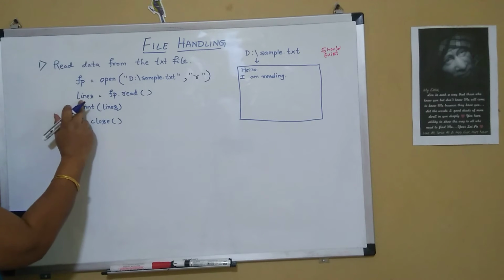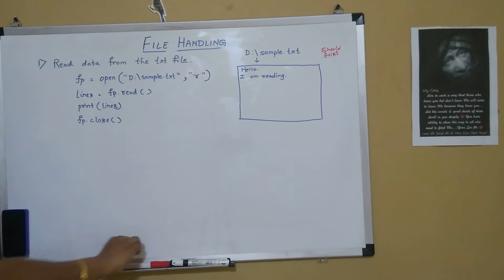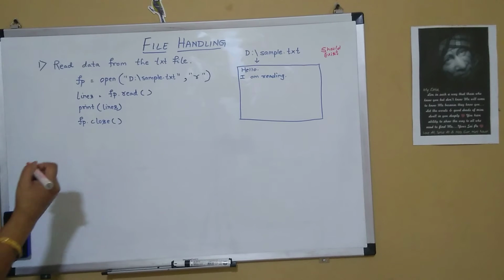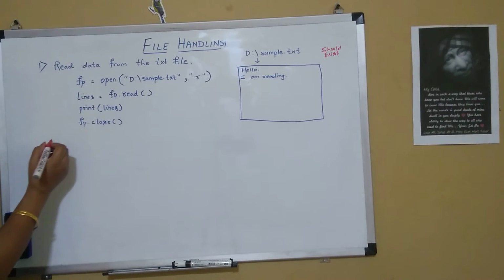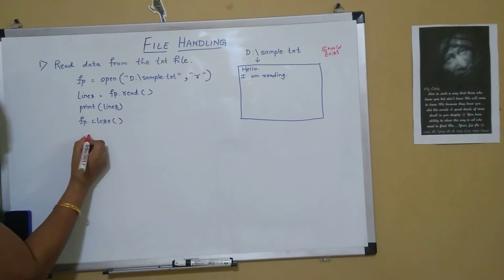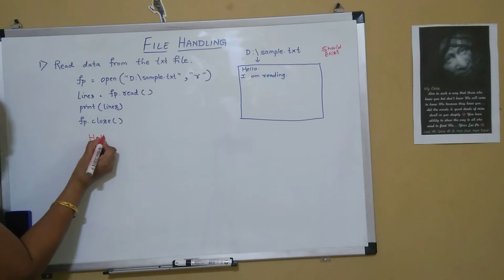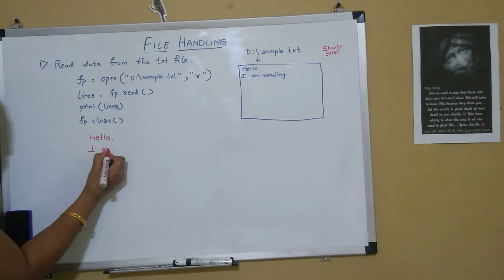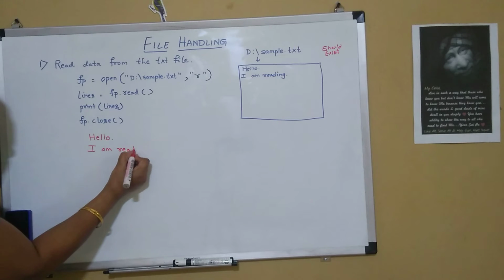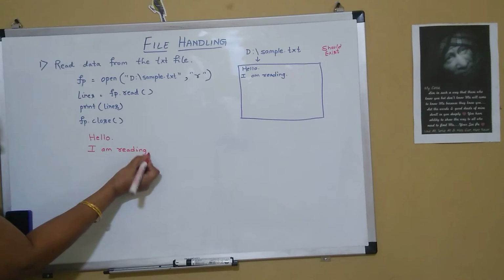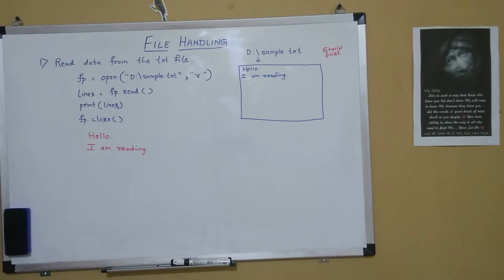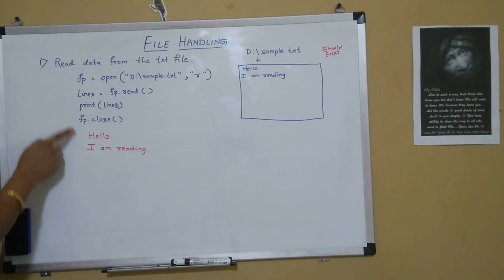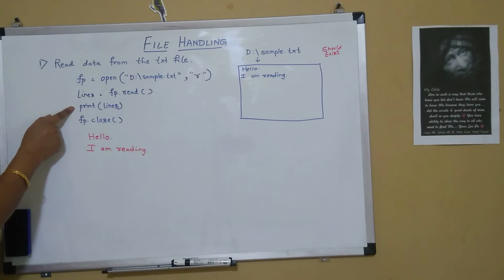And now print lines. So what will the lines variable have now? When I say print lines, it will print "hello, I am reading" onto the console. So basically it is reading the data from the input file and writing the data onto the console, since we have given the print statement.